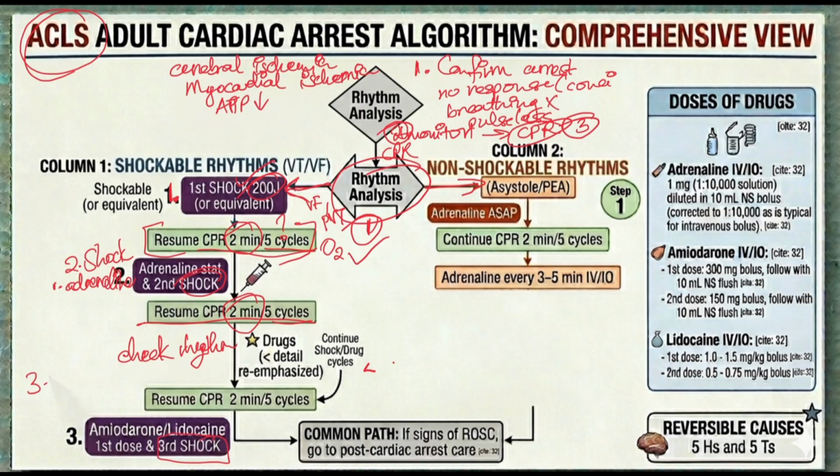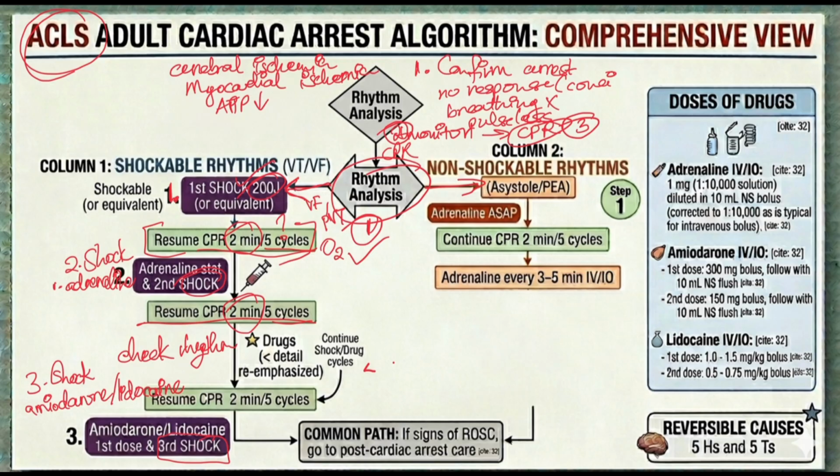And on the third shock, we give amiodarone, or in its absence, lidocaine. So we are administering amiodarone and or lidocaine on the third shock. And then the cycle continues.